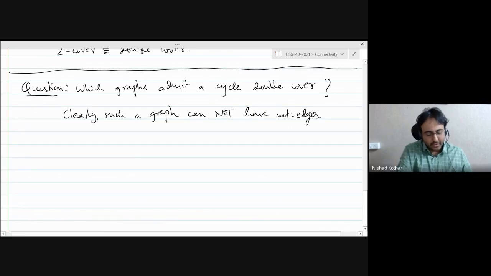Any guesses? Which graphs have a cycle double cover? Can you think of a graph which does not have cut edges and also does not have a cycle double cover? Nope. And I don't expect you to find one right now because this is one of the most important open problems in graph theory.